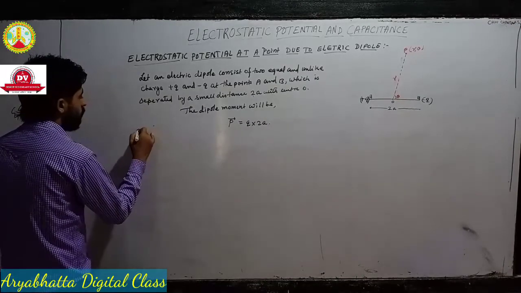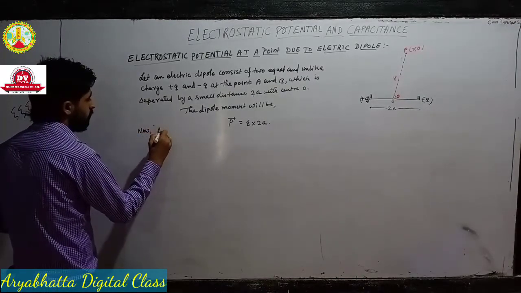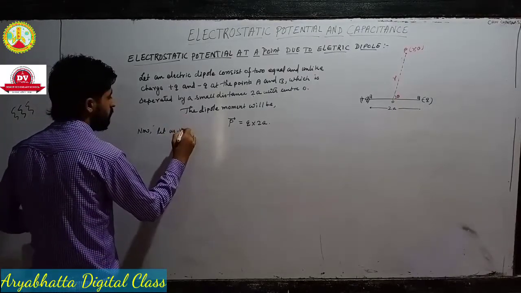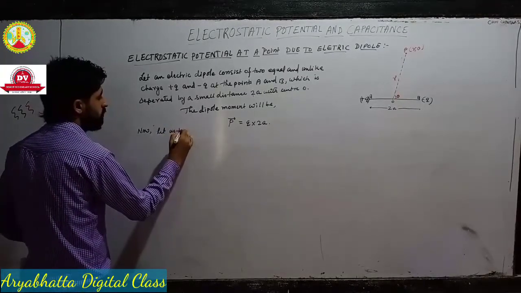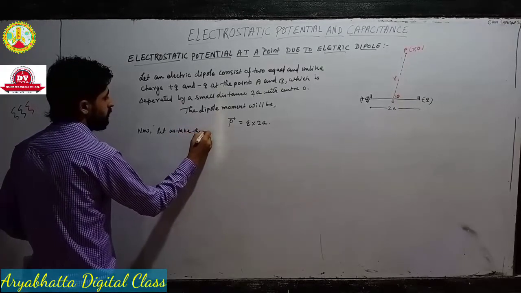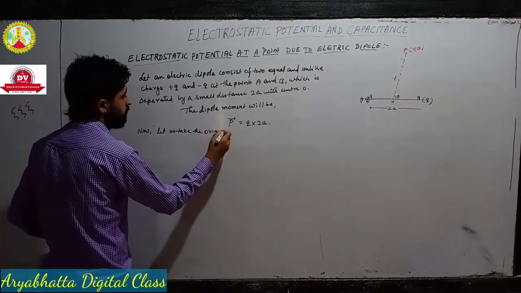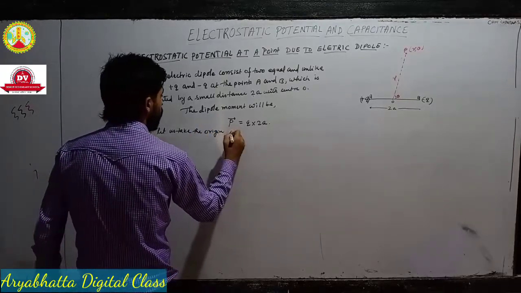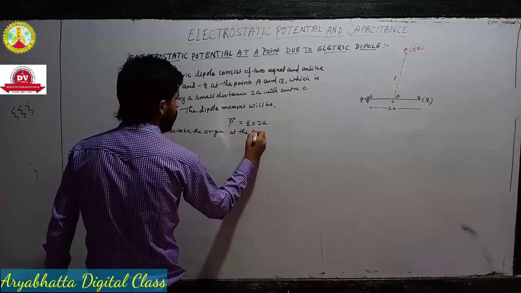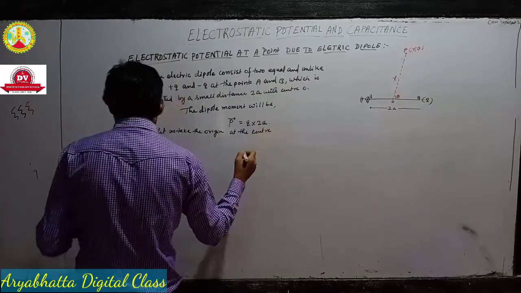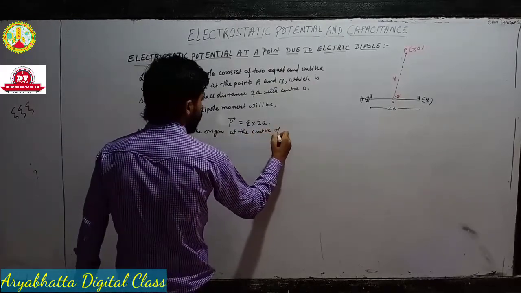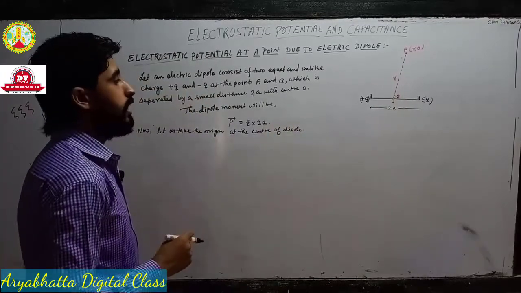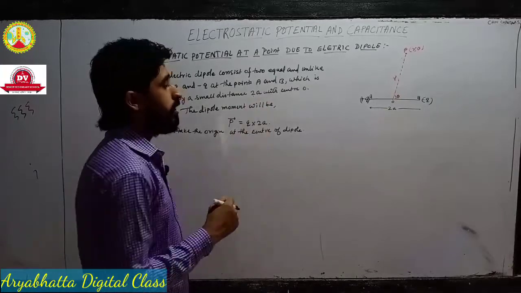Now let us take the origin at the center of the dipole. So I have taken the origin of the electrostatic potential at the center of the dipole.